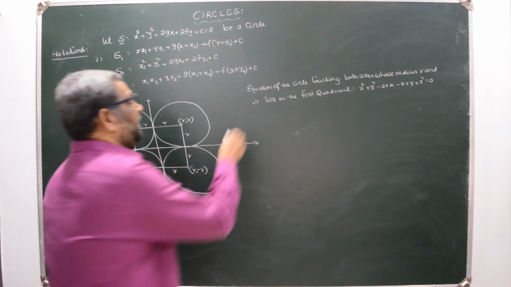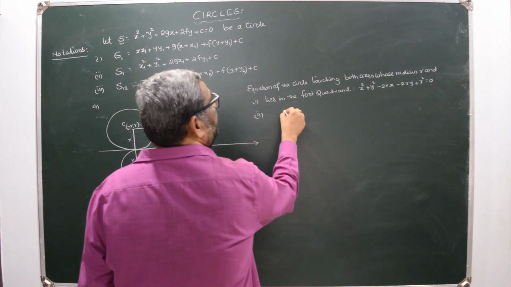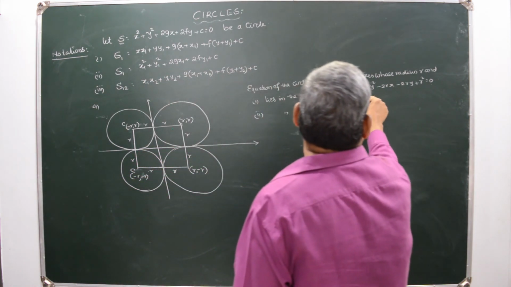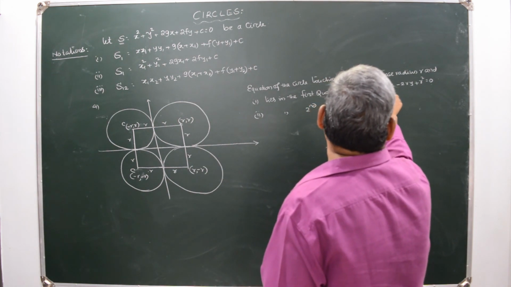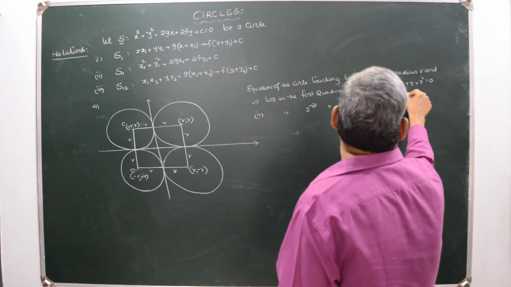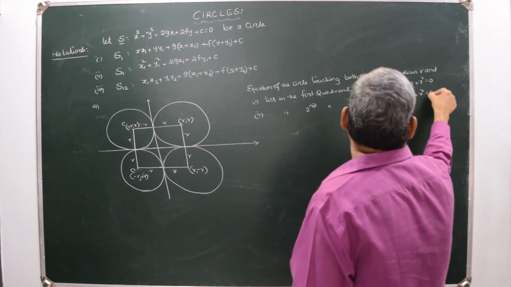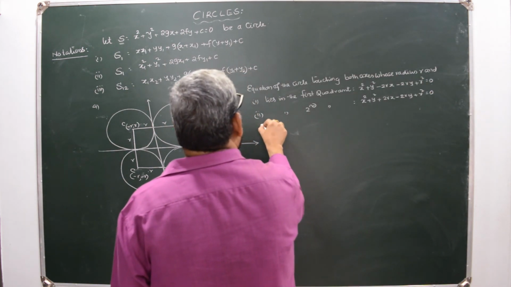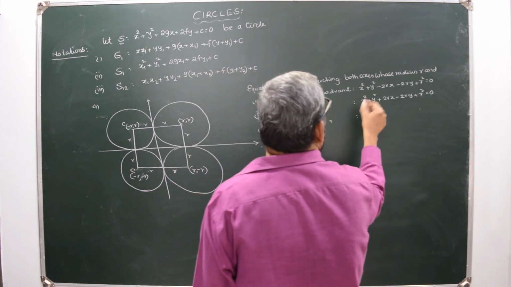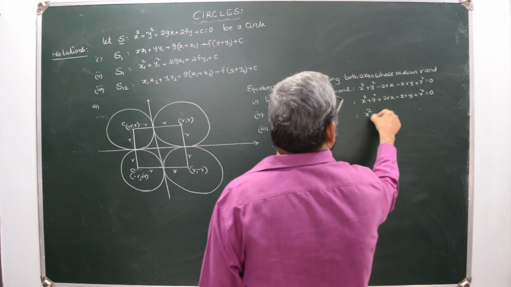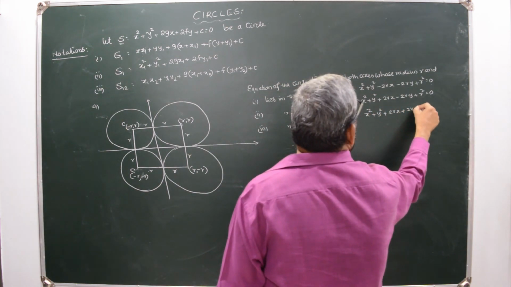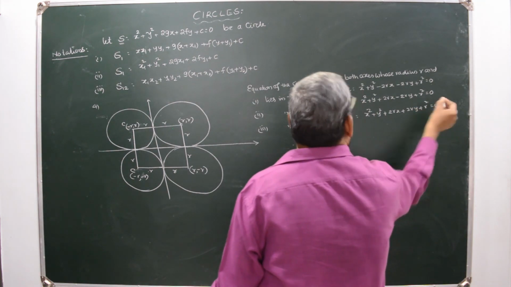Lies in the second quadrant: x square plus y square plus 2rx minus 2ry plus r square equal to 0. Lies in the third quadrant: x square plus y square plus 2rx plus 2ry plus r square equal to 0.